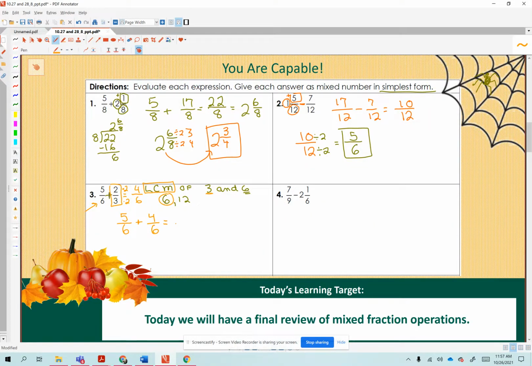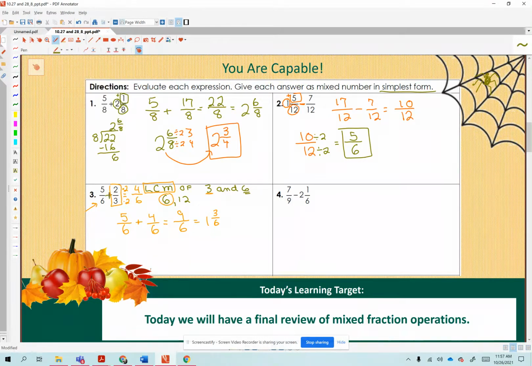And when we add, we simply keep the denominator of 6. We add the numerators. 5 plus 4 is 9. And now we can convert that to a mixed number, and we're going to be doing some simplifying as well. So 9/6 means that we have one group of 6 with 3/6 left over.